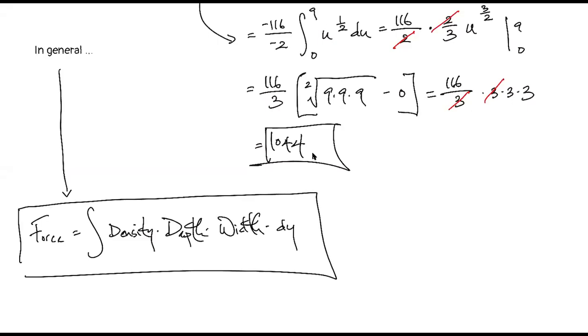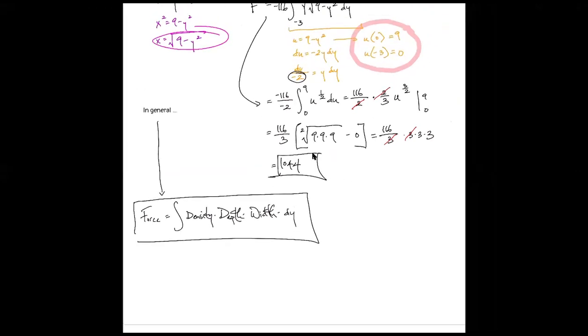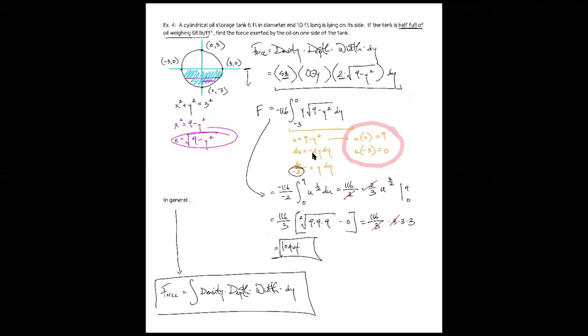Okay. And again, that comes from pressure times area, which we kind of spent a lot of time on for the first example, but the bigger takeaway is at the end of the day, your integral consists of density times depth times width. And you just have to make sure that everything corresponds to the way that you set up your grid, okay?